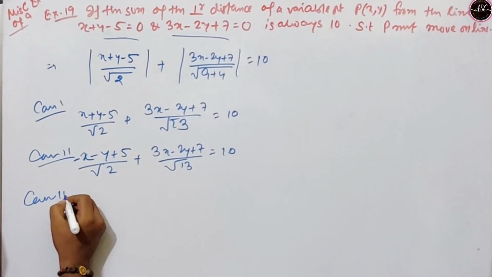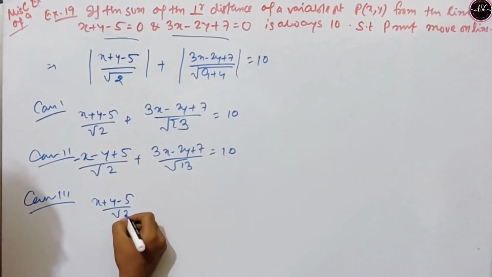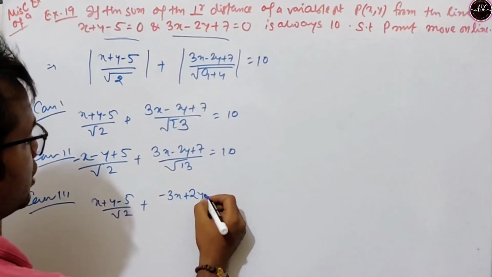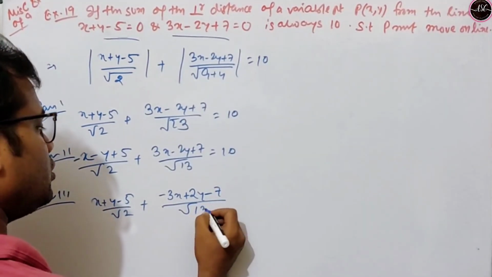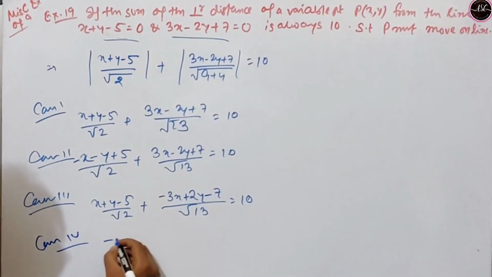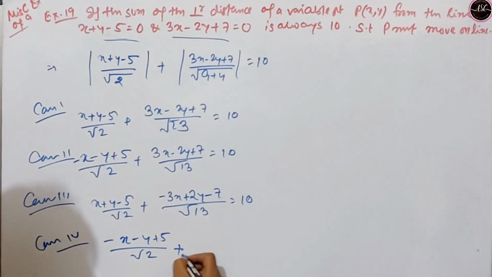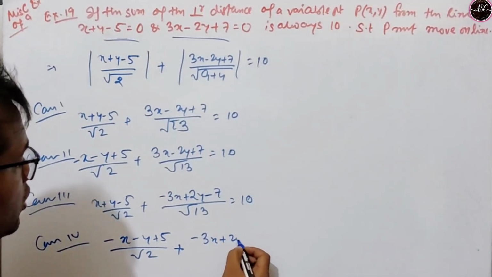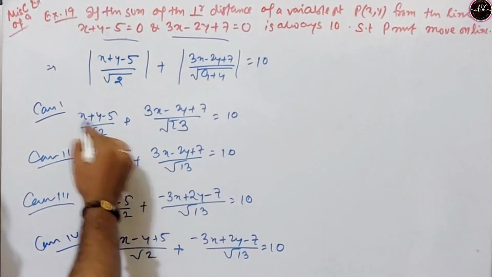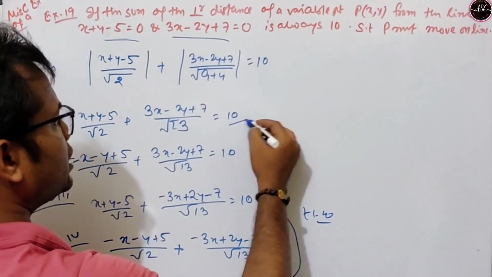Case 3, (x plus y minus 5) divided by root 2 plus minus of (3x minus 2y plus 7) divided by root 13 equal to 10. Or case 4, minus of (x plus y minus 5) when both are minus, that means this is plus minus of (3x minus 2y plus 7) divided by root 13 equal to 10. Okay, if you solve all of this, this is your homework, and I will do this one.